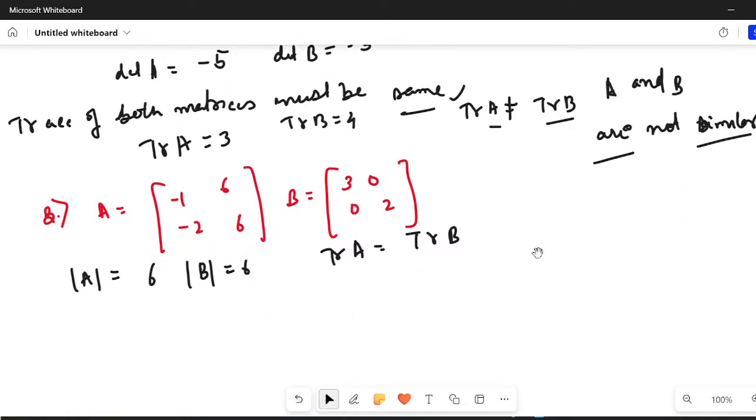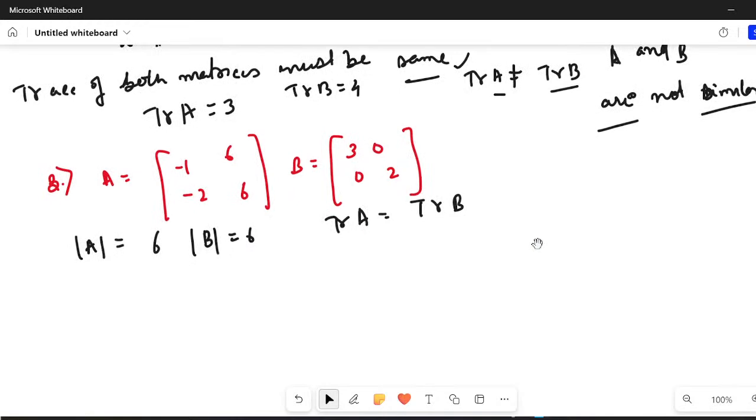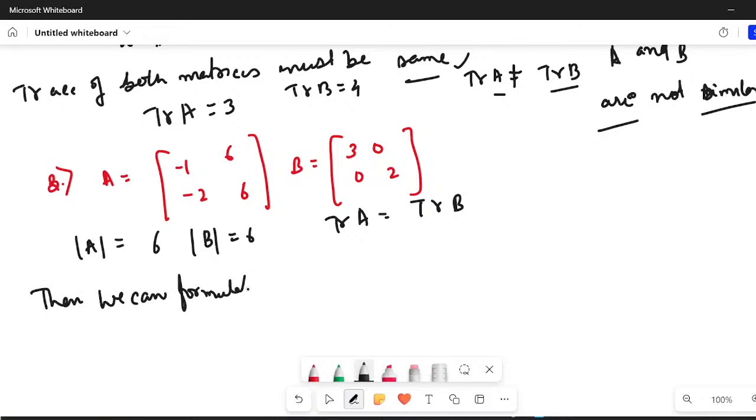Okay, so the traces are the same. If traces are the same, then we can formulate that both will have the same characteristic equation, that is t square minus, if you remember, if I have to write a quadratic equation, I know the sum of roots times t, and then the product of roots.